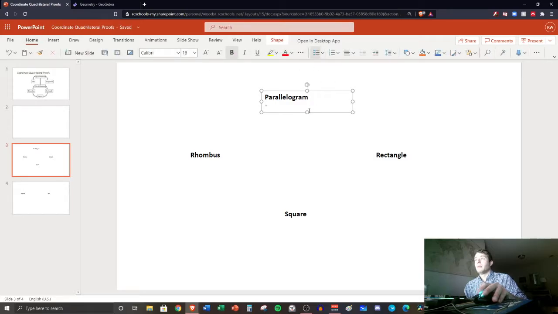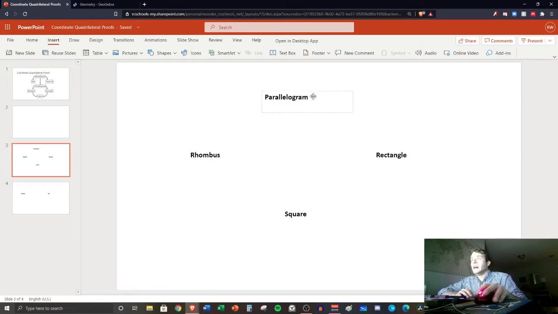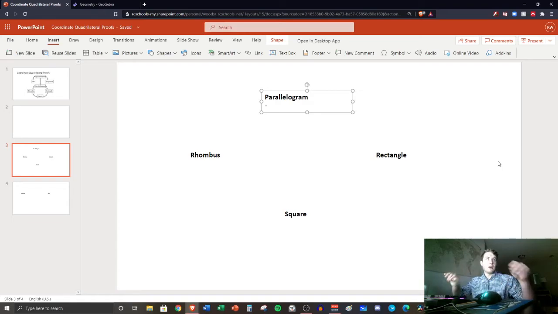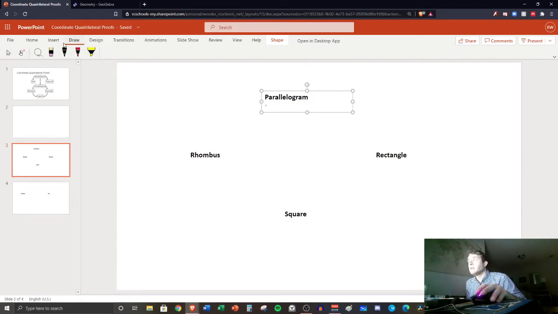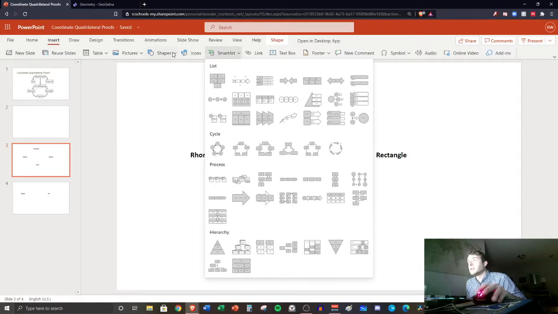But I know you just drew your hierarchy, but I want you to fashion your notes like this. We're going to be putting bullet points underneath each one of these. So I would say parallelogram, then go down 3 spaces, write rhombus and rectangle sort of on the same tier, a couple spaces down, then put in the middle square. And then we're going to draw some arrows to these.